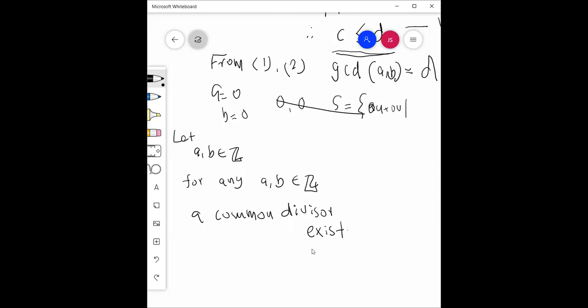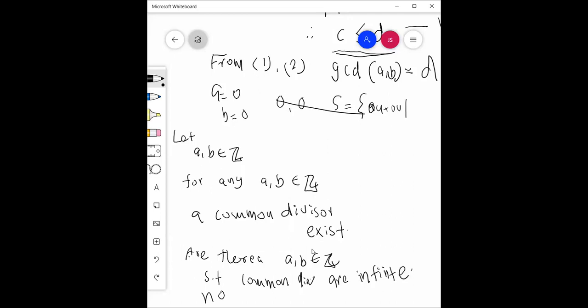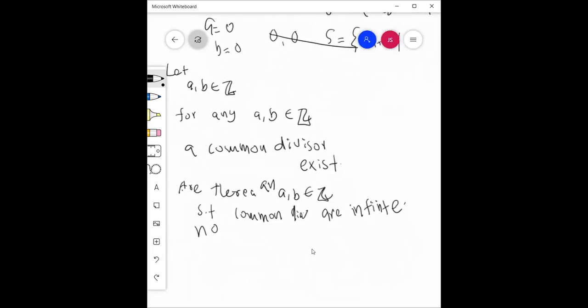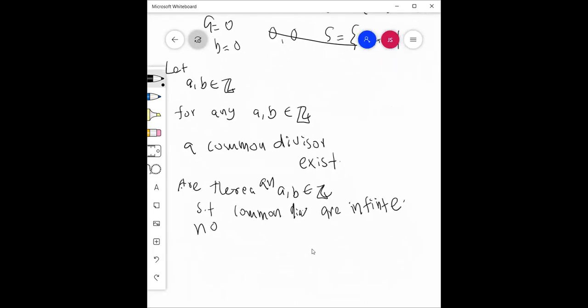Are there any A, B in Z such that the number of common divisors is infinite? Number of common divisors are infinite. Yes, very good. The 0, 0 is the only answer.